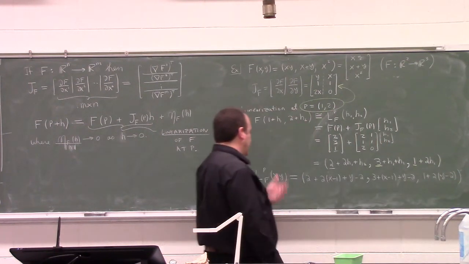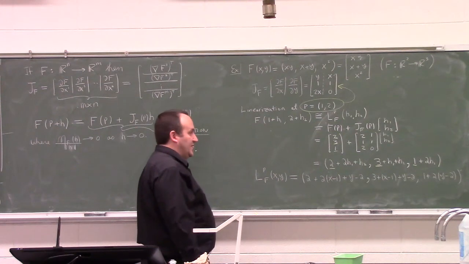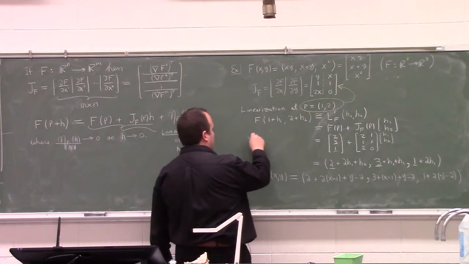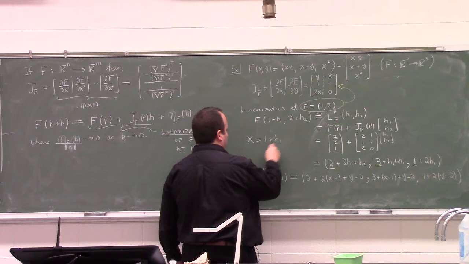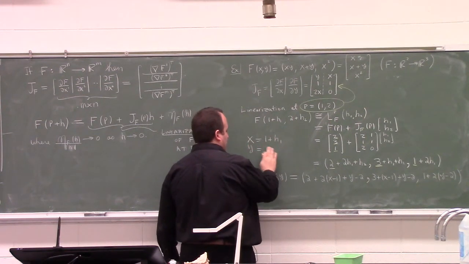I'm just rewriting it in terms of x and y as opposed to h1 and h2. The point is x is equal to 1 plus h1, and y is equal to 2 plus h2.